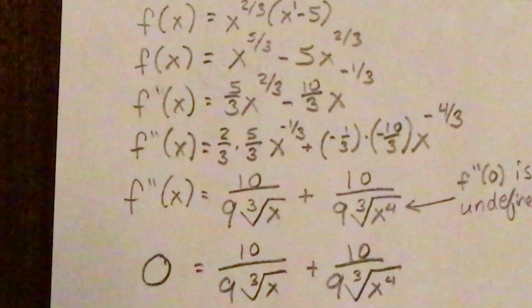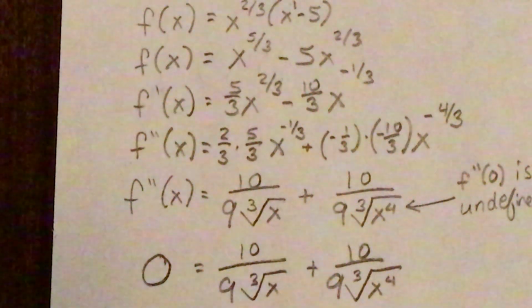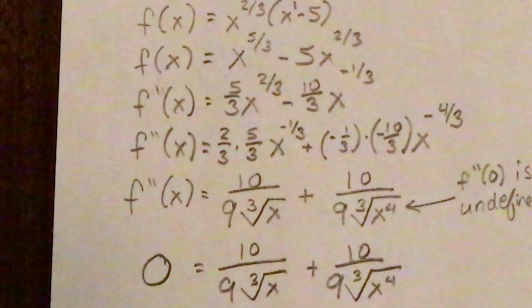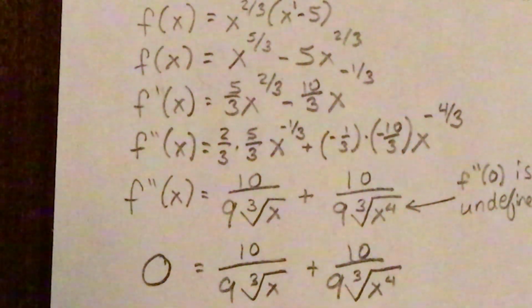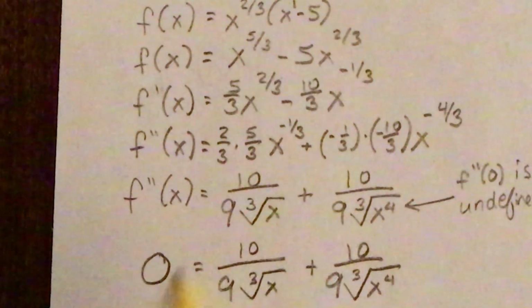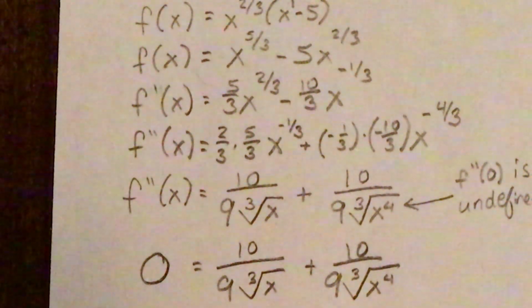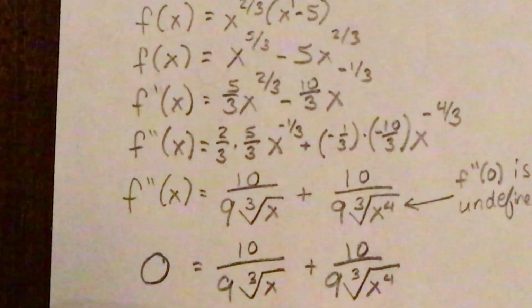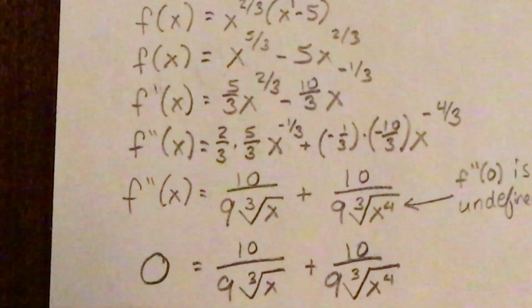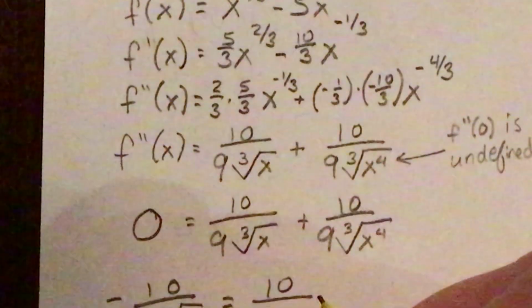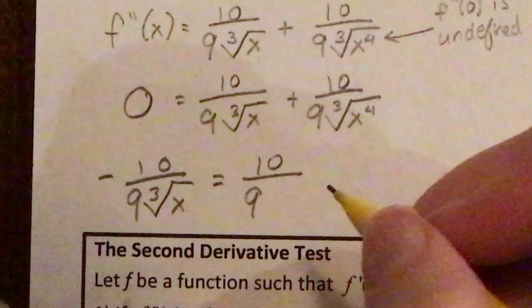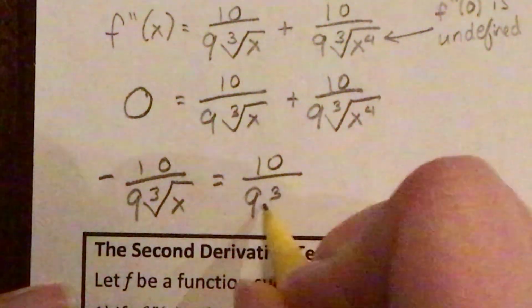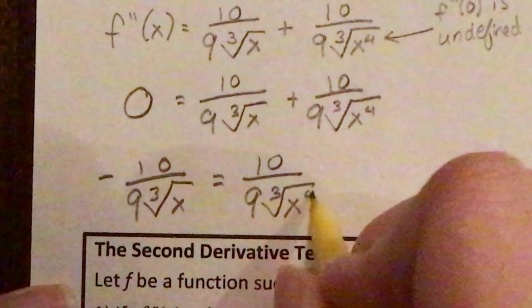It doesn't particularly matter which one of the fractions moves left. Let's move the first one. So it's going to be negative 10 over 9 times the cube root of x equals positive 10 over 9 times the cube root of x to the 4th.